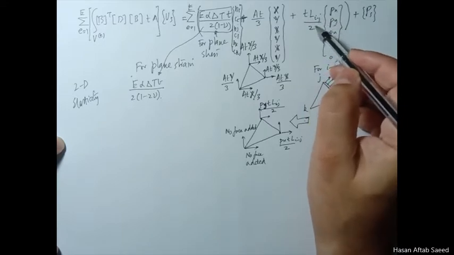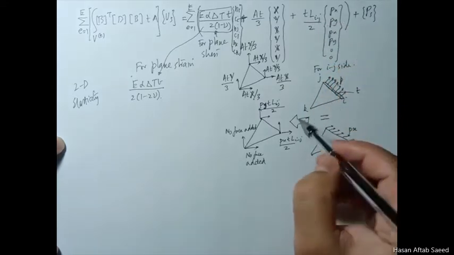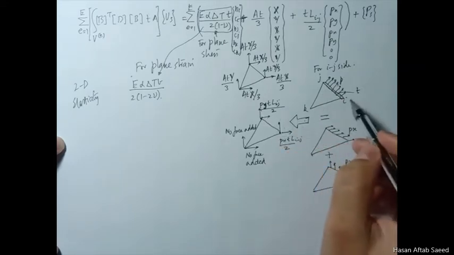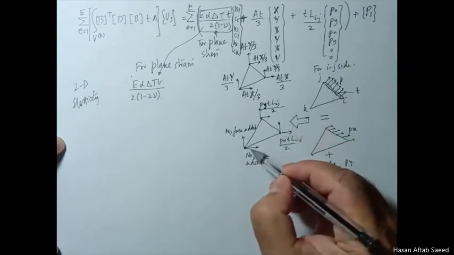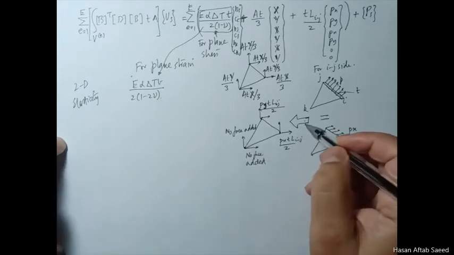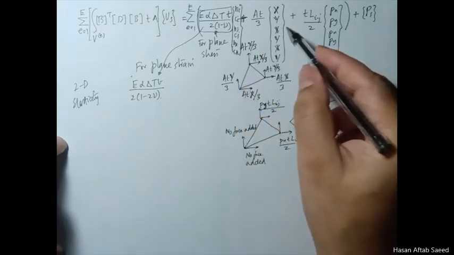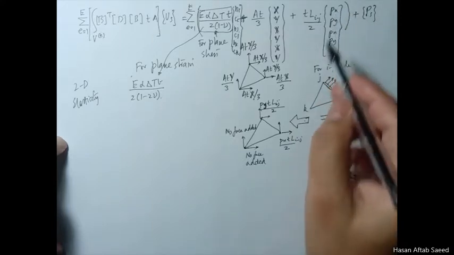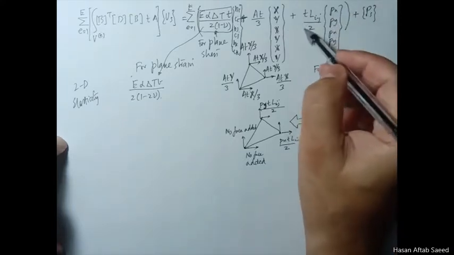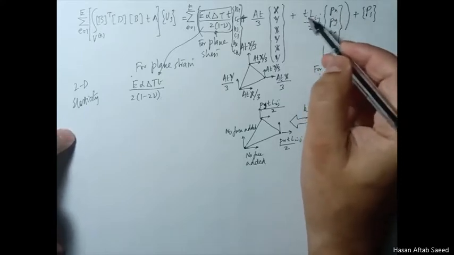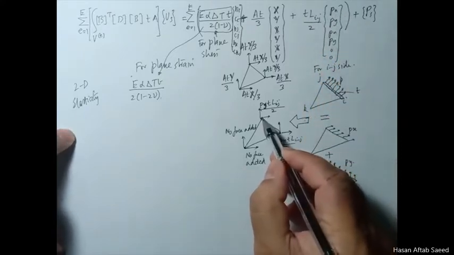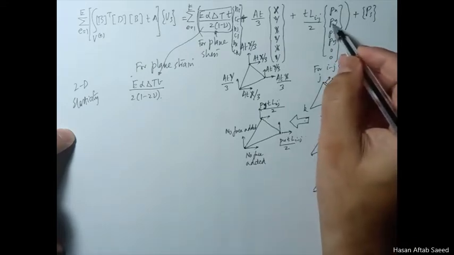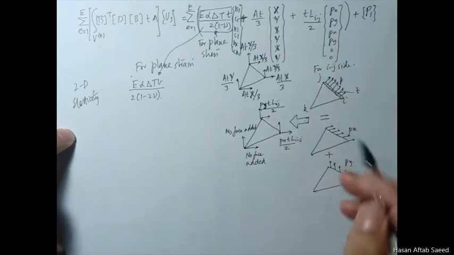You divide by 2, not 3 this time, because you are going to apply it equally on the two nodes which are relevant. No force gets applied here. Now similarly, just as was the case in the body force, the x component will be calculated by multiplying this px with the area, and then you apply half of each on the two nodes. Similarly, the y component gets applied here.